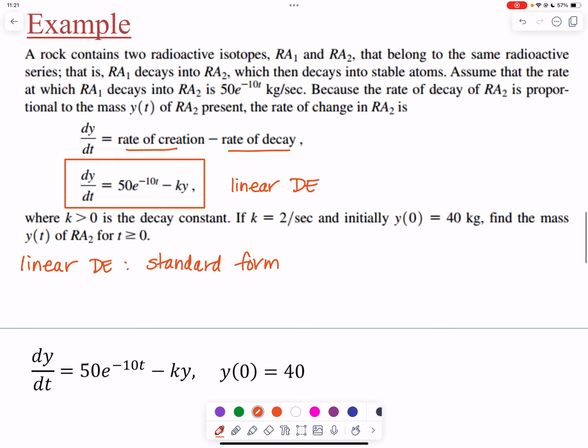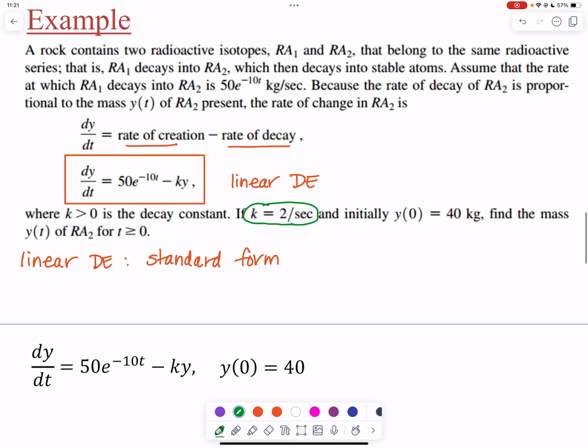Okay, so also note that we have k is equal to 2 per second, and so we will go ahead and write dy/dt equals 50 e to the negative 10t minus 2y.